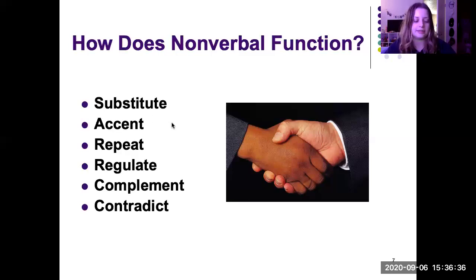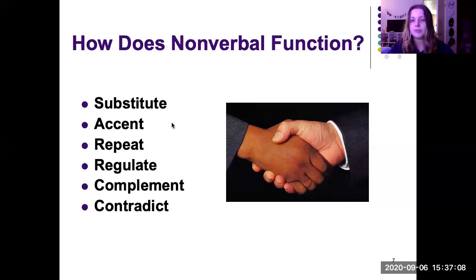Regulating are those little nonverbal cues that either stop or continue a communication. For example, if someone is telling you a story, usually you'll be nodding your head, and that is a form of regulating, because you are communicating to them that you're listening and following along, and encouraging them to keep talking.